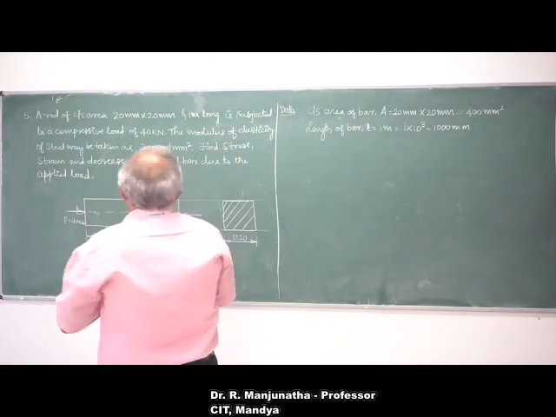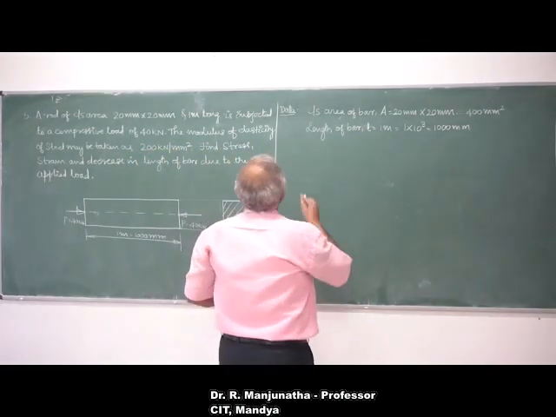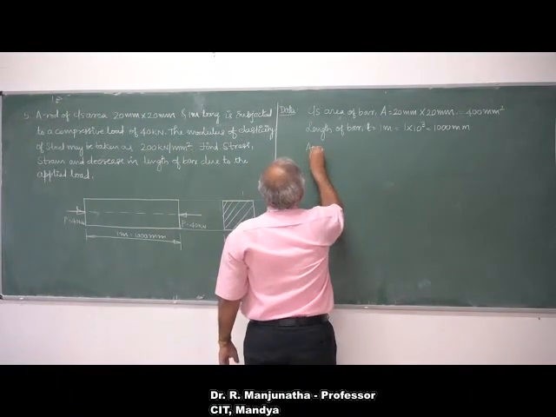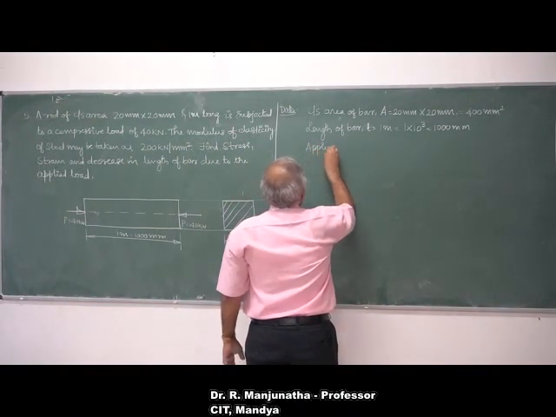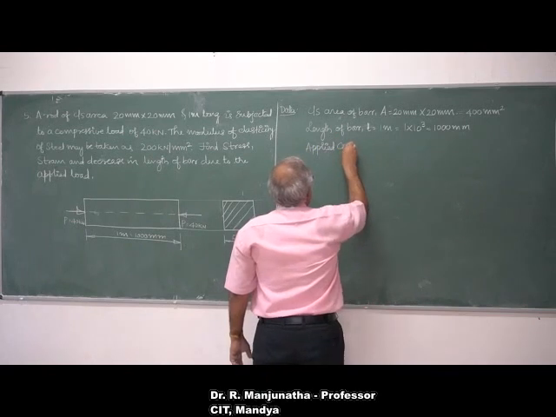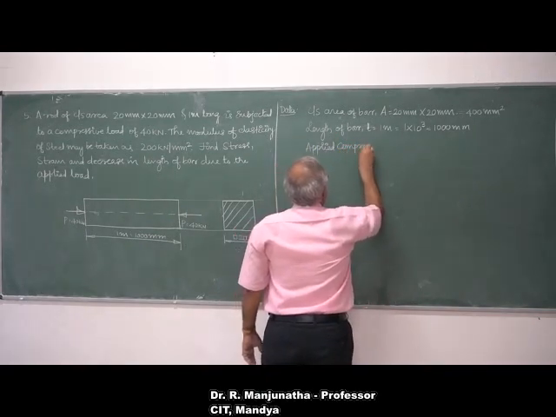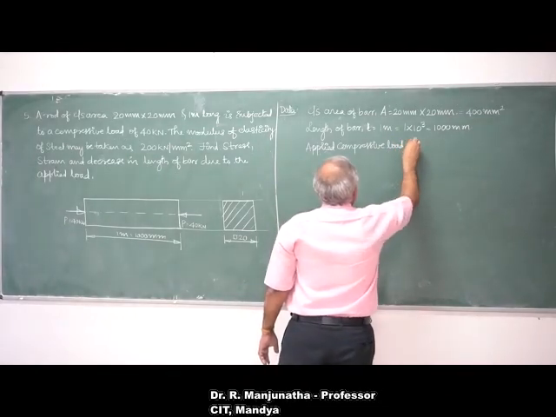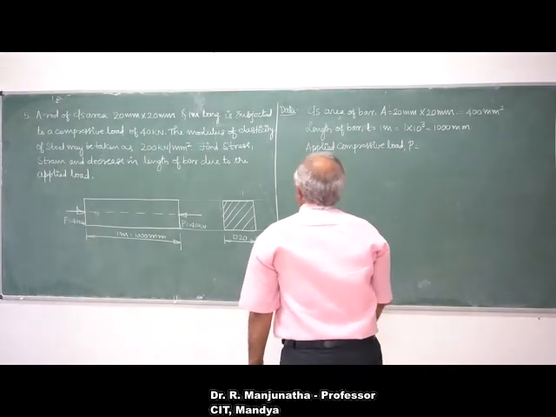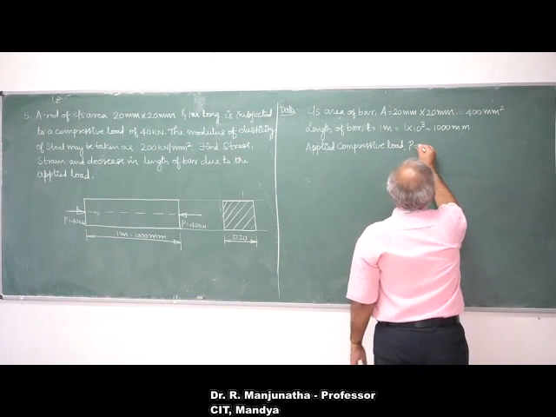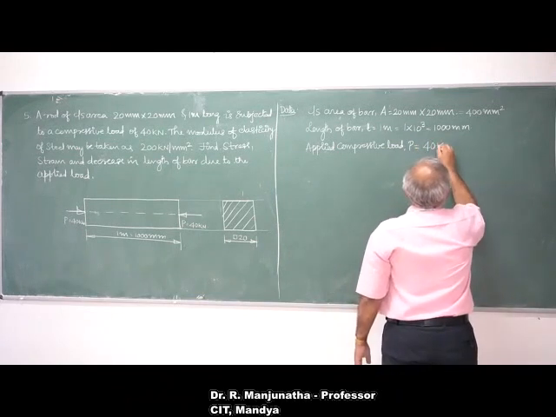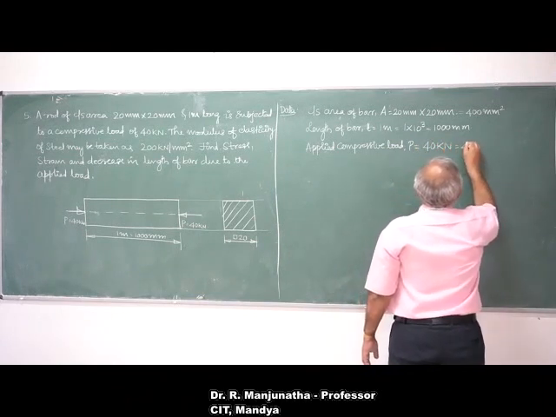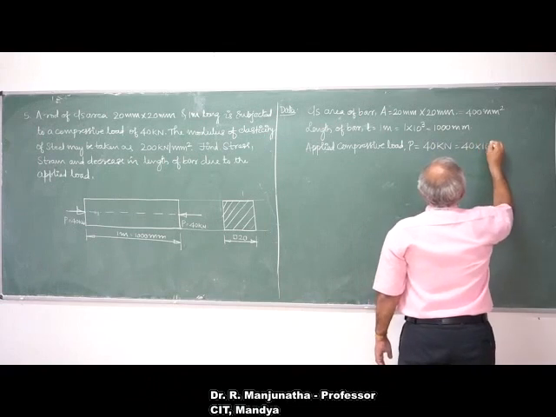Now the applied compressive load, which is capital P, will be equal to 40 kilonewton. So 40 kilonewton means 40 into 10 to the power of 3 newton, since 1 kilo means 10 to the power of 3.